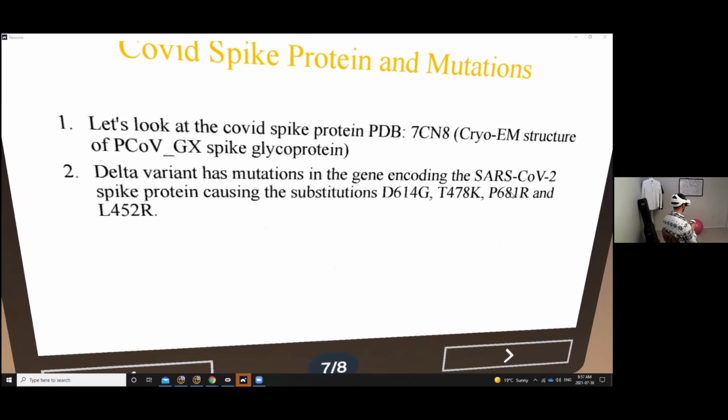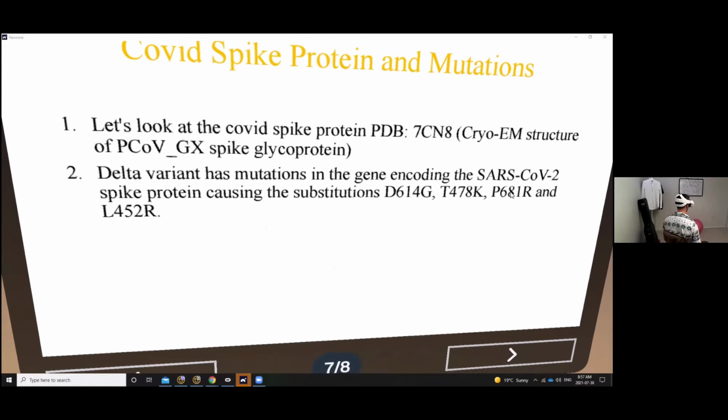Then we're actually going to use VR to look at the Delta variant, which has mutations in the gene encoding for the SARS-CoV-2 spike protein, causing the substitutions D614G, T478K, P681R, and L452R. That would actually be nice to look at.